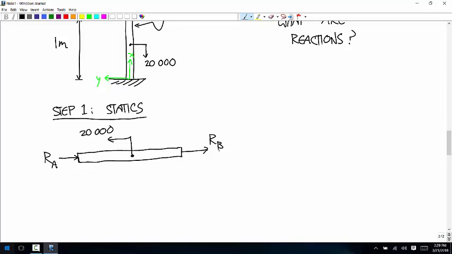It doesn't look that much like statics because we never really did statics problems this simple, but it's just a one-dimensional thing where we have two reactions and we're trying to calculate those from Newton's laws. So Newton's second law says RA minus 20,000 plus RB is equal to 0.